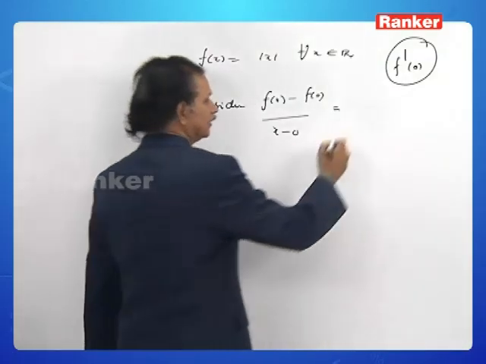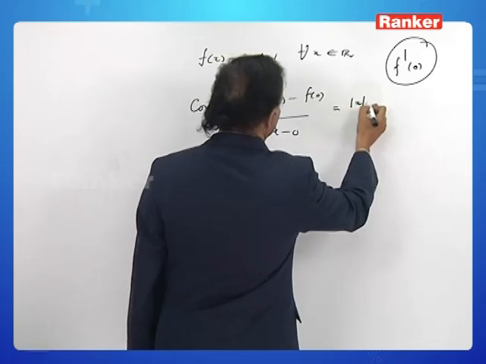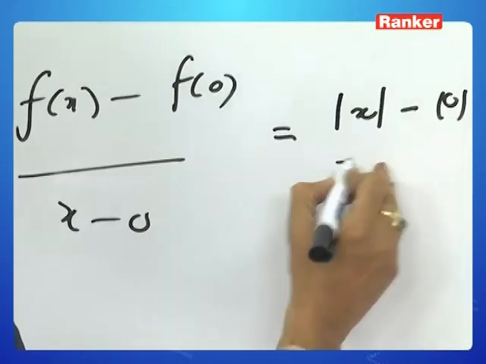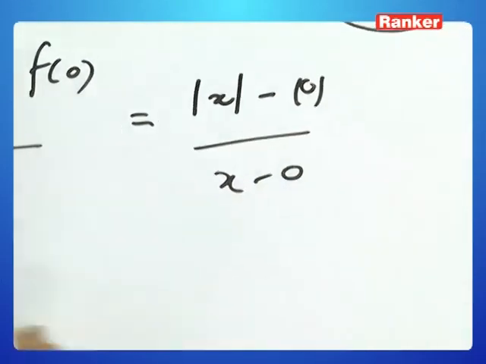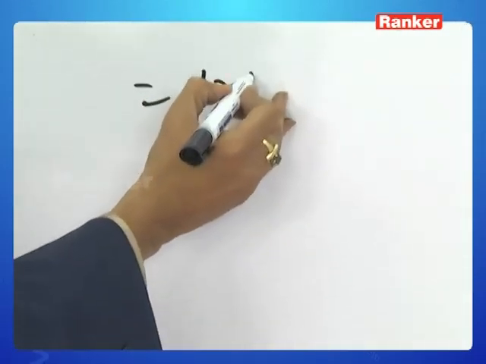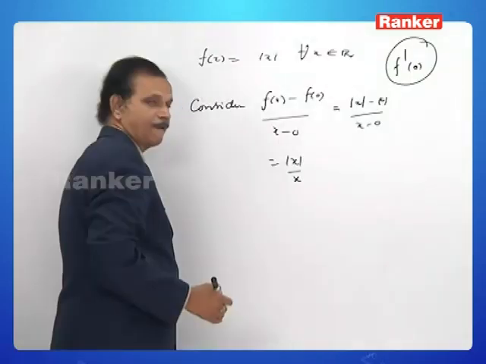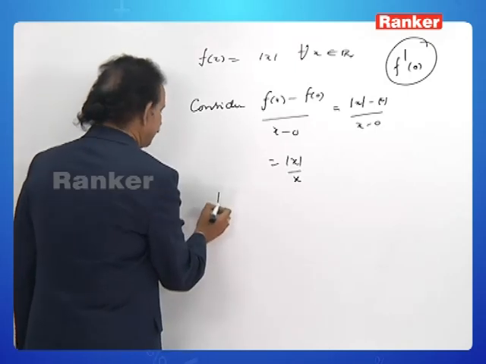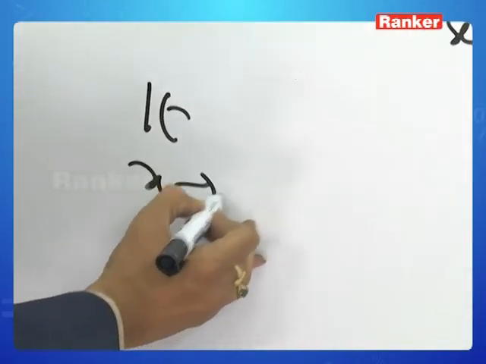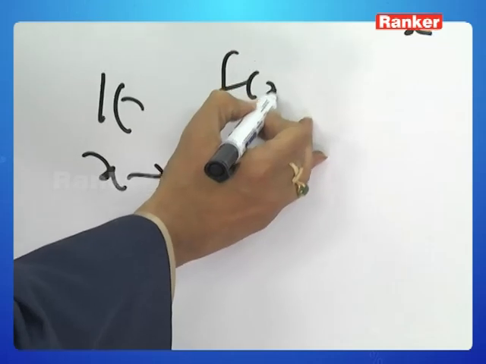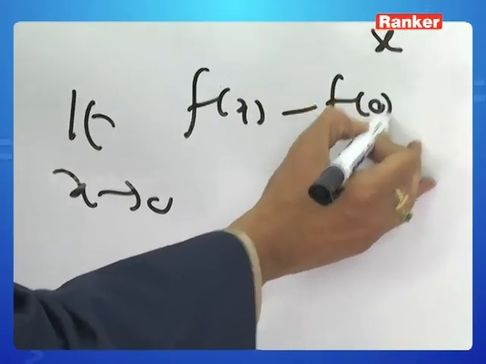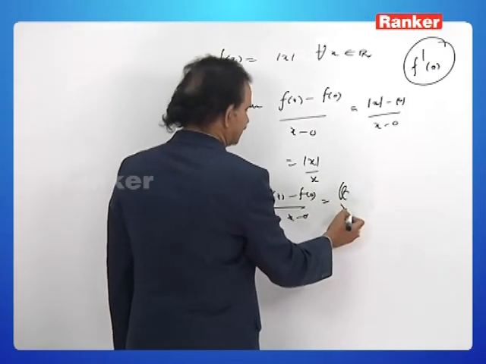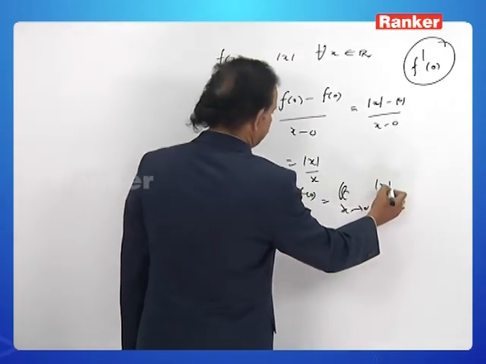What is f of x? Mod x. What is f of 0? Mod 0. So (f(x) minus f(0)) by (x minus 0) is nothing but mod x by x. Therefore, you take limits on both sides. The limit as x tends to 0 of (f(x) minus f(0)) by (x minus 0) is equal to the limit as x tends to 0 of mod x by x.